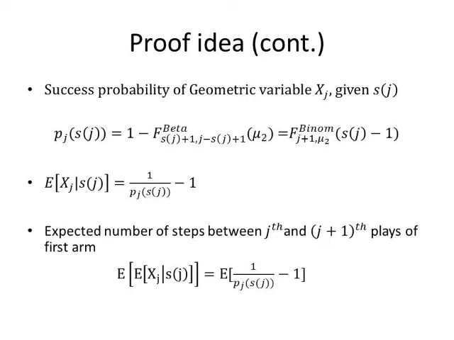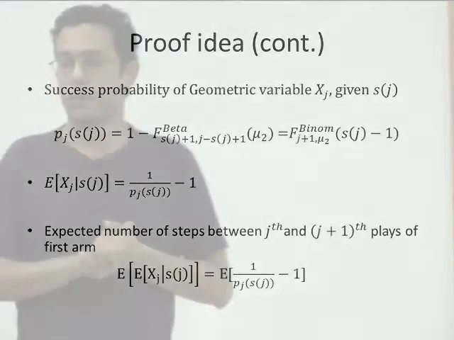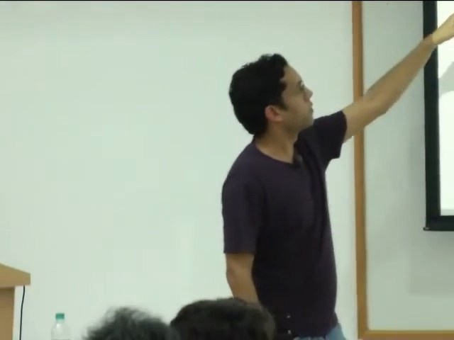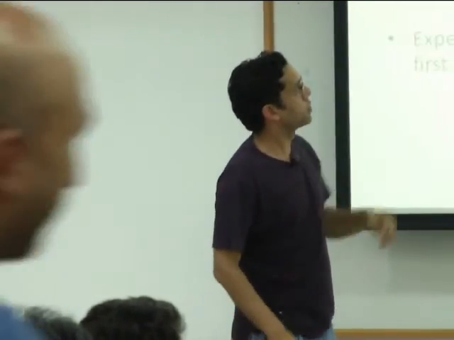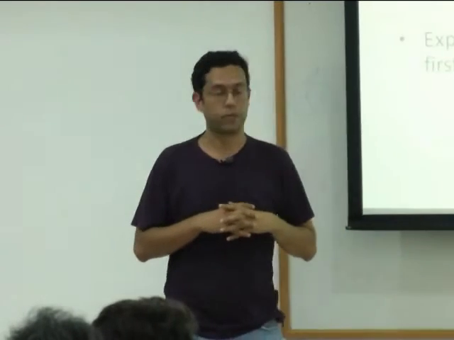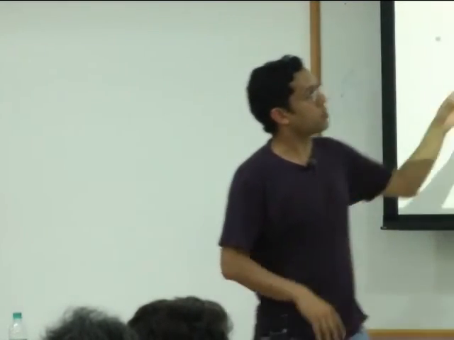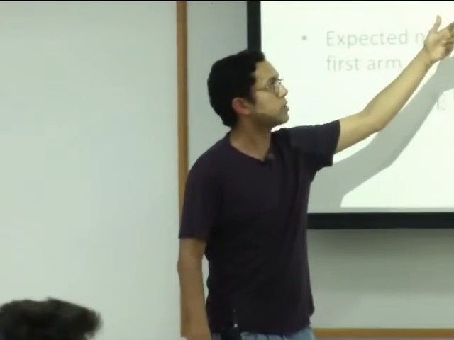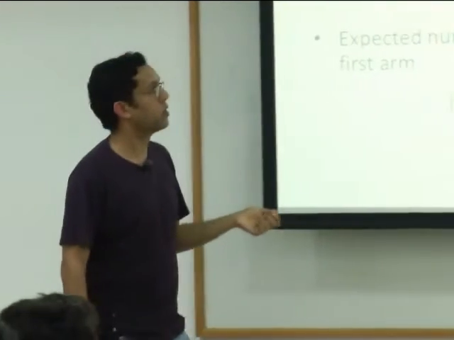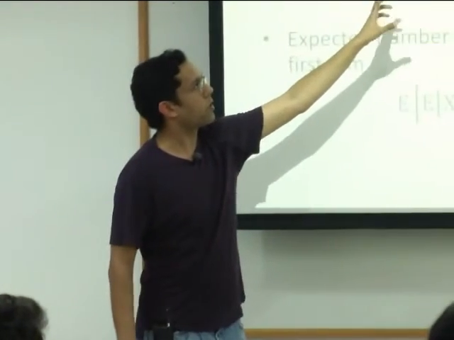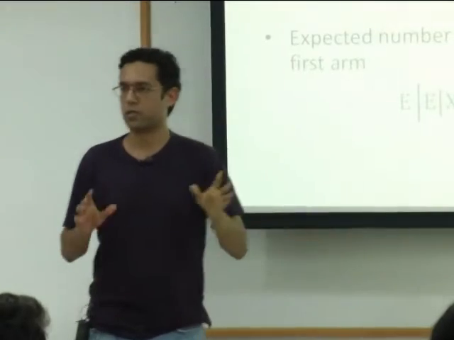The success probability of this geometric random variable xj, let's denote that by p of j, s of j. We fixed s of j, and as we saw on the previous slide, it's given in terms of some expression involving beta distribution, and it turns out to be equivalent to another expression involving binomial distribution. The details here are not important, but I want to show this because it turns out to be very useful for computations.